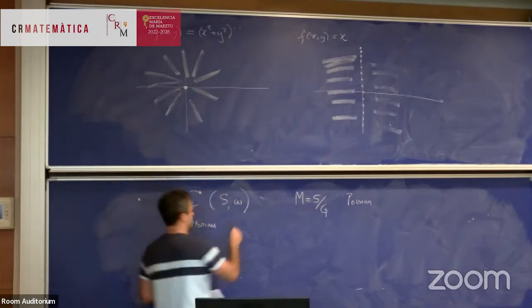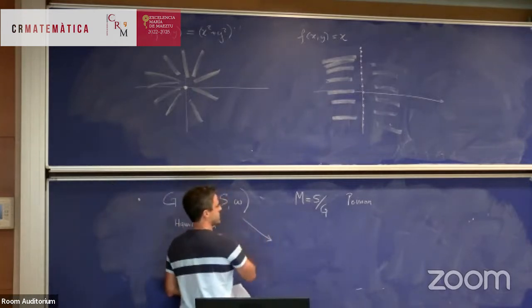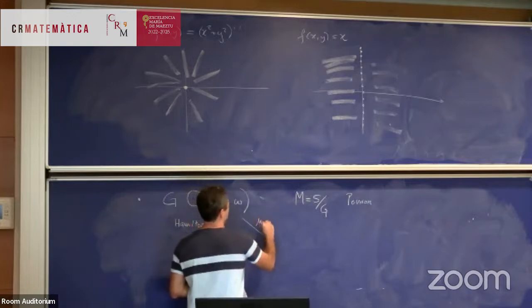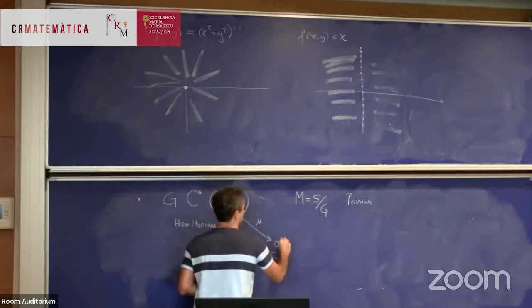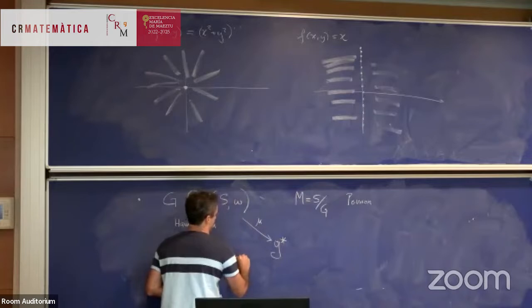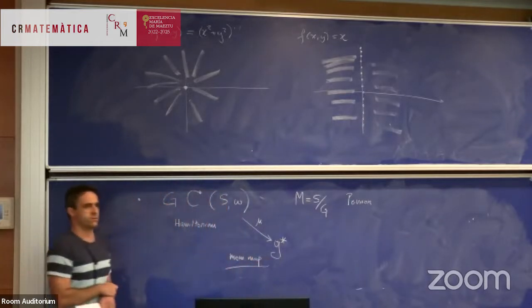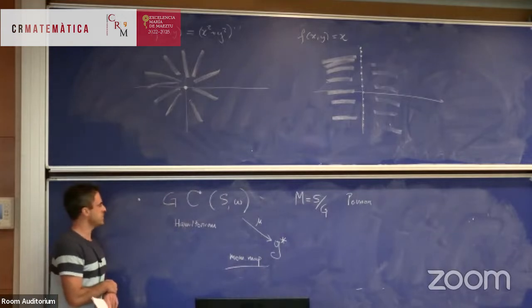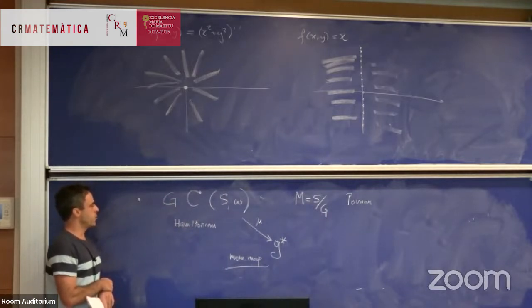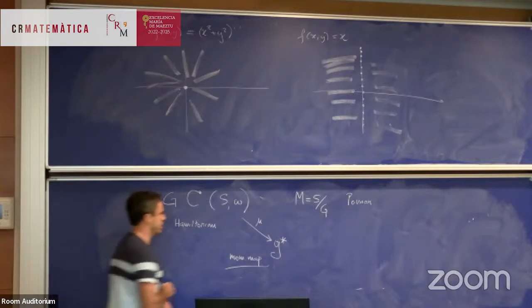Which means that, assuming you know a little bit of symplectic geometry, you have a moment map. If you don't know about that, just skip this example. When you have a moment map, you can perform what is called symplectic reduction, Marsden-Weinstein reduction.